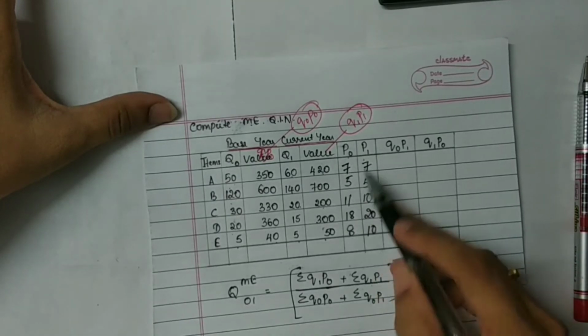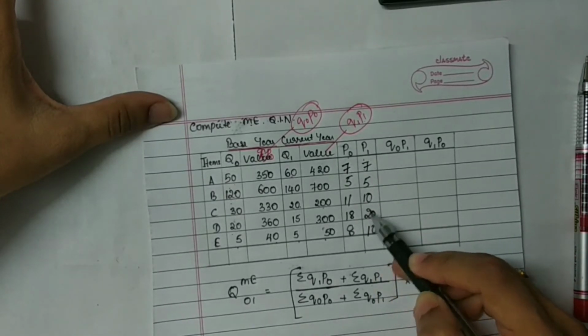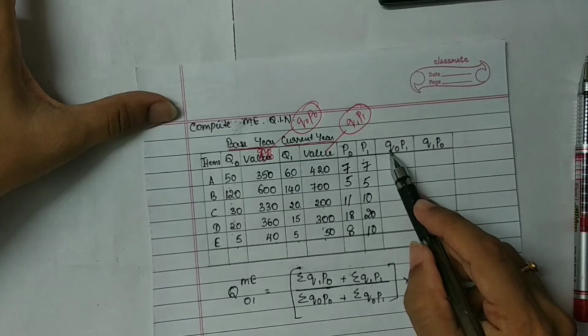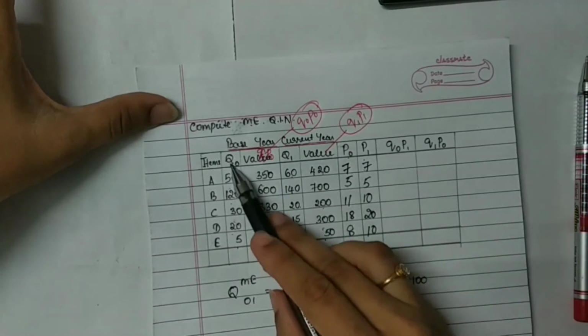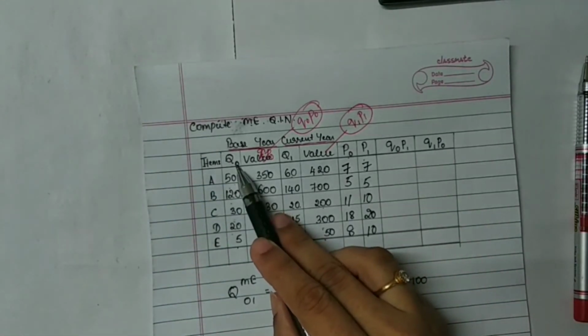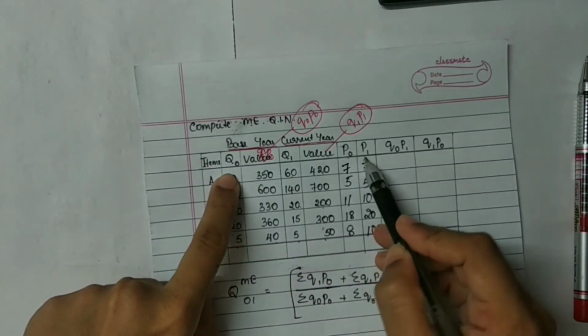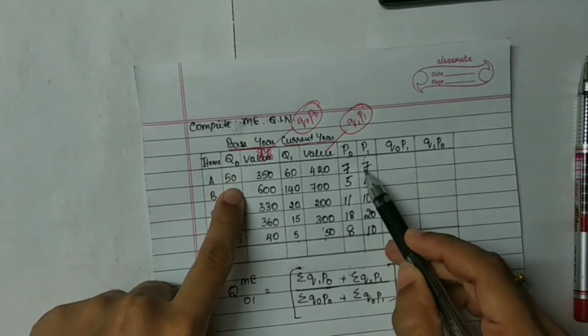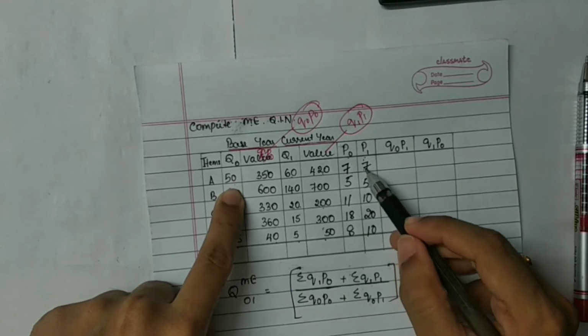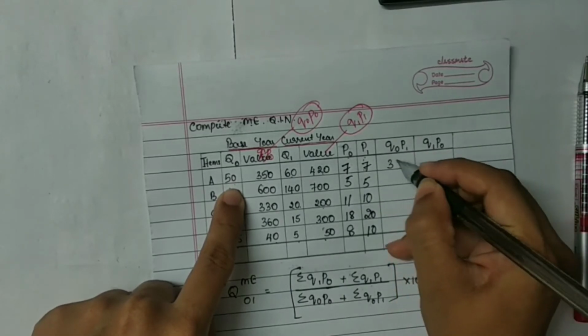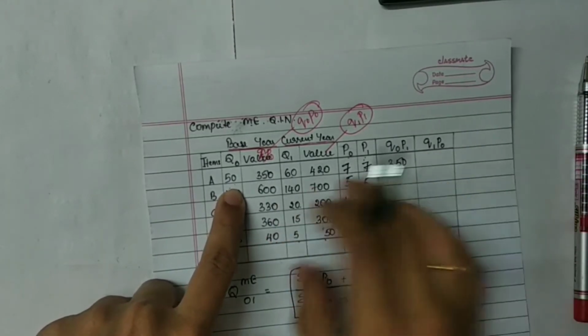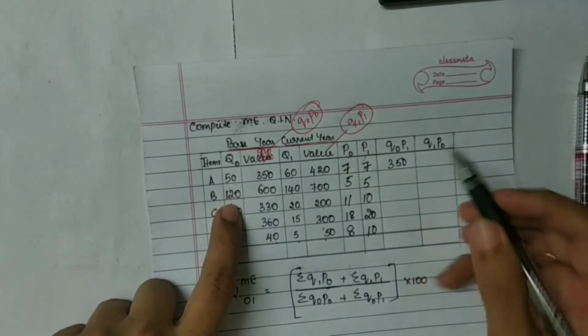Okay, so using this information, now we are calculating Q0 P1. Q0 is given in the problem, and P1 we already calculated now. So 50 into 7, that is 350. Don't get confused with the calculations.